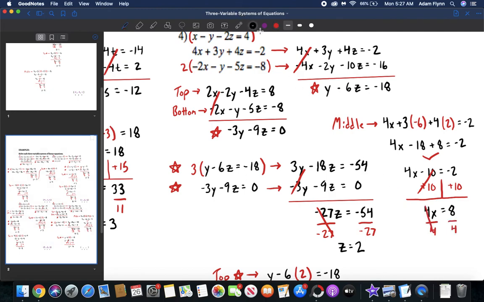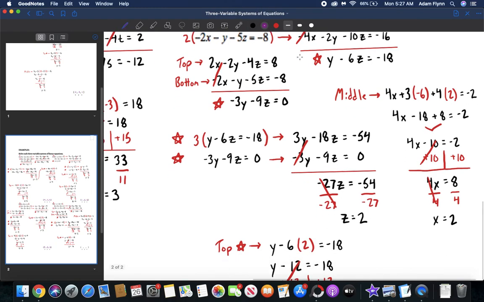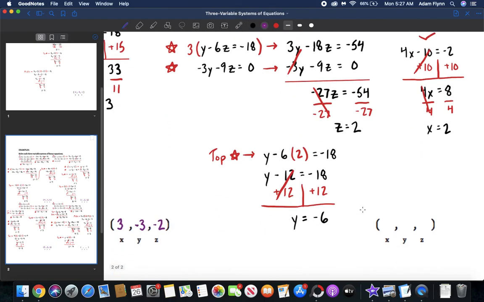So x is going to be positive 2. So the solution to this system of equations is going to be 2, negative 6, and positive 2.